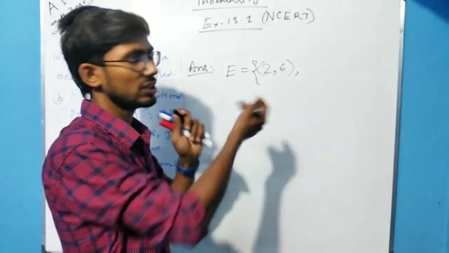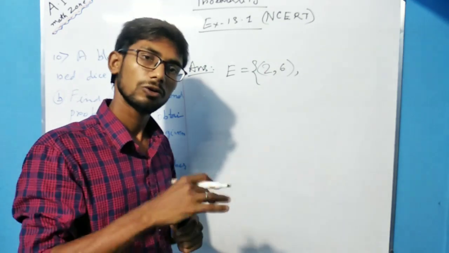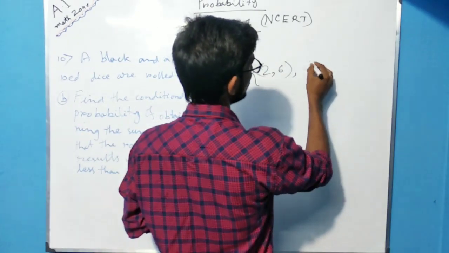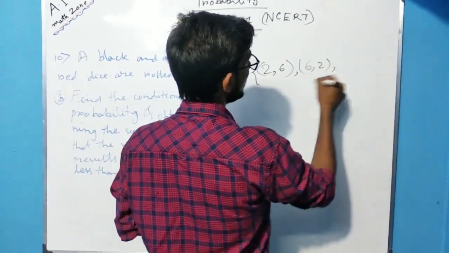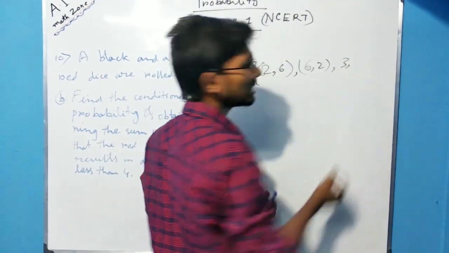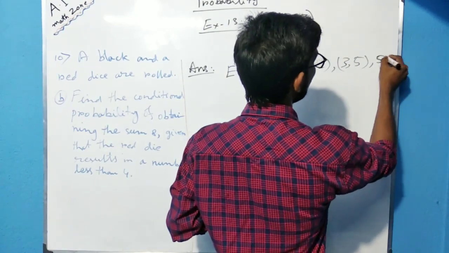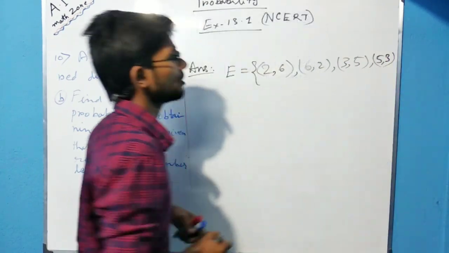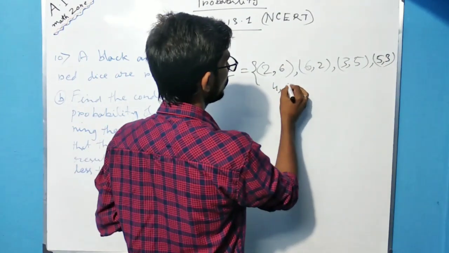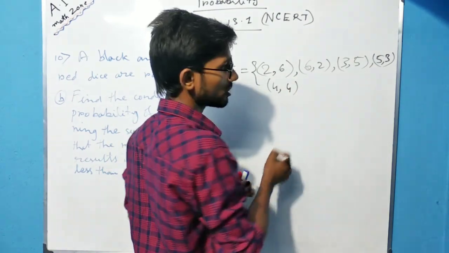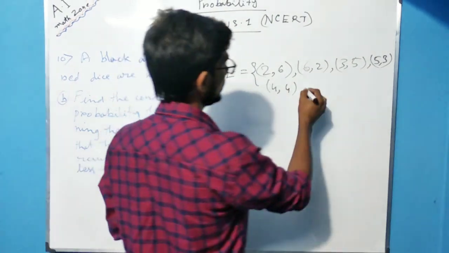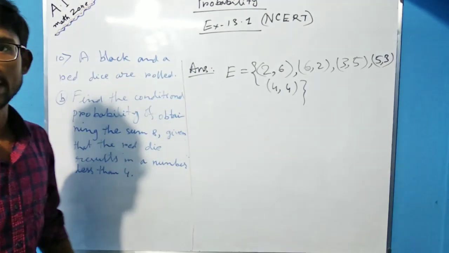So 2, 6, and its reverse 6, 2 also gives 8. That's why it may be 6, 2. Next, 3 with how much gives 8? 5. So 3, 5 and 5, 3, these are the elements. What else can it be? 4, 4, right? Nothing else is possible. So these are the elements of E, right?